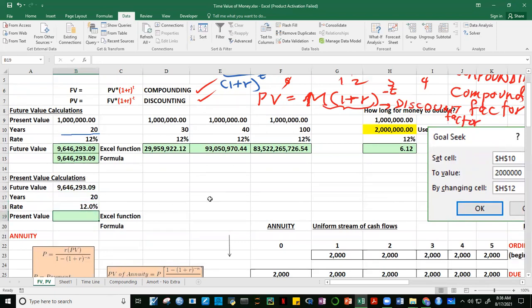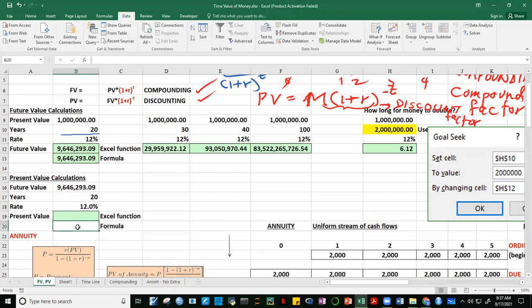Since these are equivalent values, guys, they are not two different values. These are just equivalent values. We should be getting 1 million. The equivalent of 9.6 million after 20 years, earning at 12% interest, is 1 million today. So we should be getting 1 million.